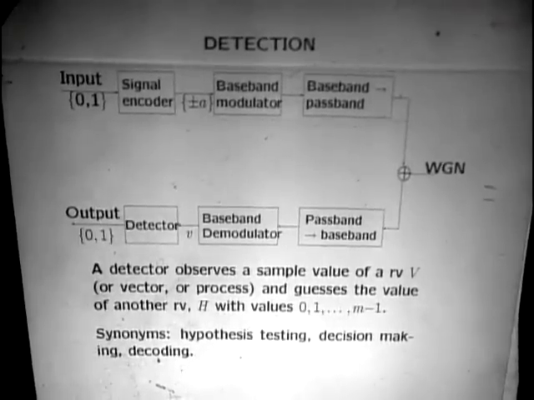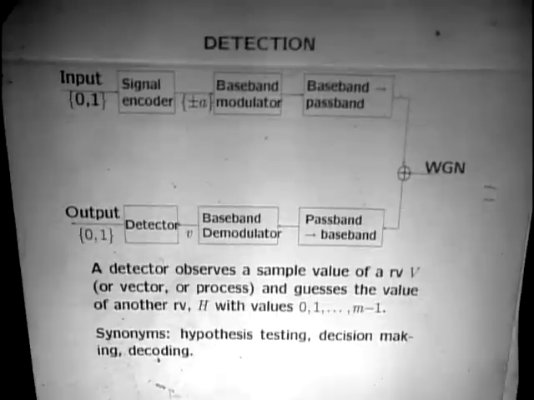It's going to go through a baseband modulator, a baseband to passband modulator. It's going to have white Gaussian noise or some kind of noise added to it. It's going to come out the other end. We come back from passband to baseband. We then go through a baseband to modulator. We then sample at that point.